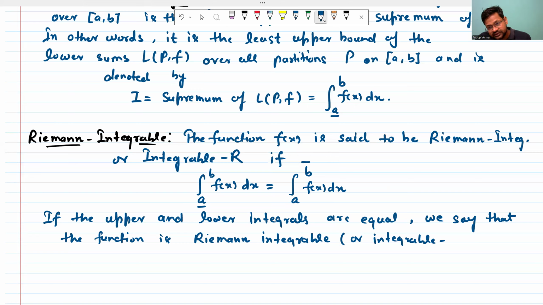We write this as f is integrable on [a, b], and the common value is said to be the integral value.